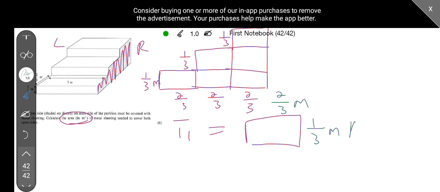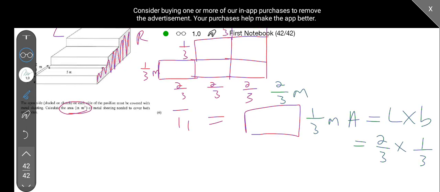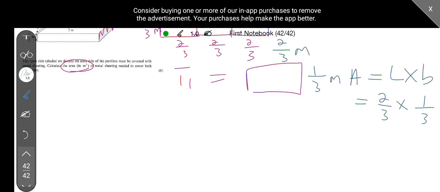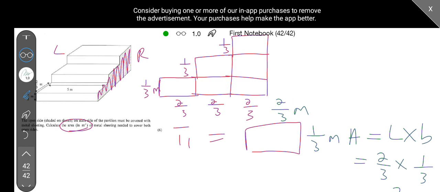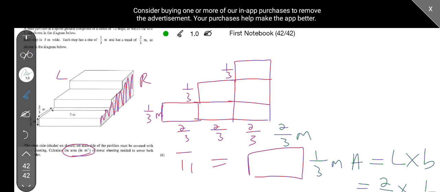So the area is equal to length times breadth, 2/3 multiplied by 1/3. If we say 2/3 times 1/3, what do we get? We're going to have 2/9. That is the area of the side of the first step, the area which is needed to cover the open side of the first step.